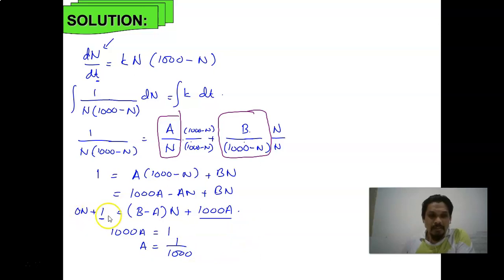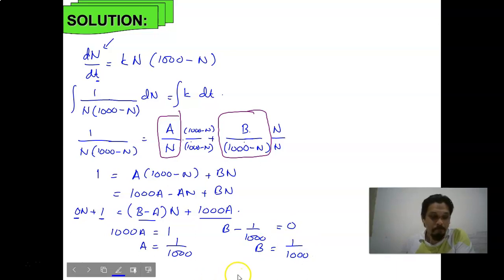Okay, so then B minus A equals 0. B minus A is the coefficient of n, and 0 is also the coefficient of n here. So B minus A, where A is 1 over 1000, equals 0. Then B is also 1 over 1000.